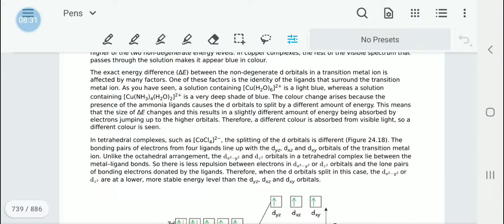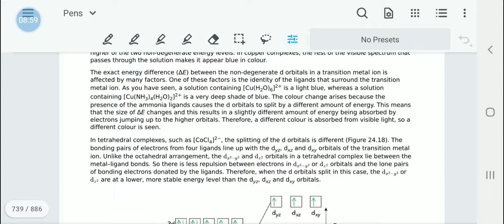This happens because ammonia ligands allow the d orbitals to split with a varied amount of energy. So for the electrons to jump to the higher orbital, it would absorb more energy.